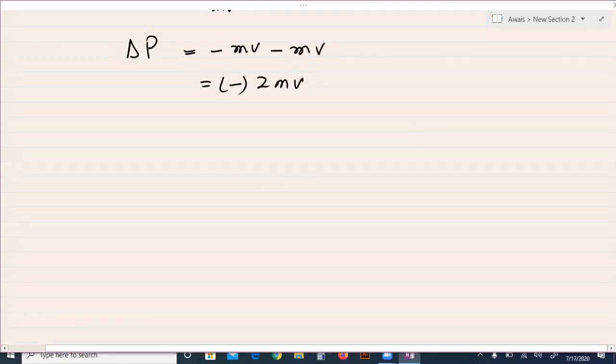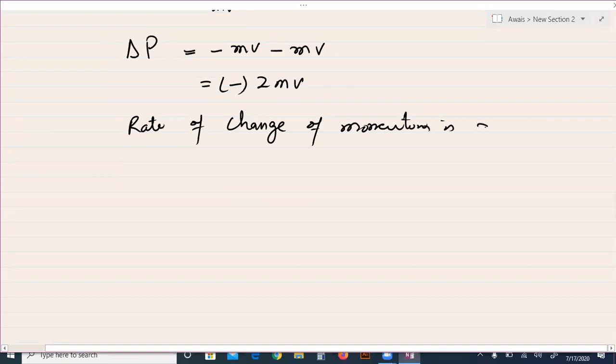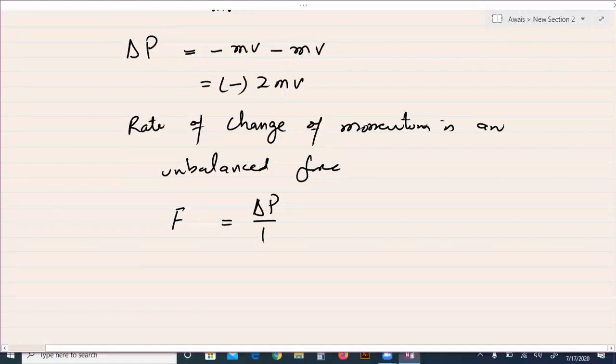Now, according to Newton's second law, the rate of change of momentum is an unbalanced force, and this is also the definition of force. So according to this definition, force is equal to change in momentum divided by time.